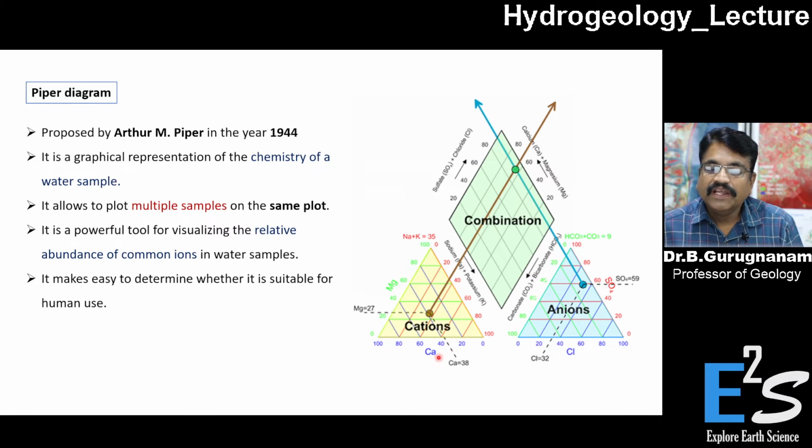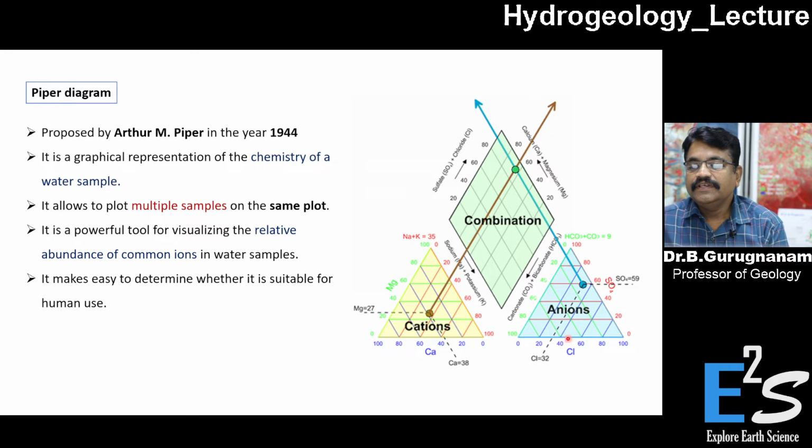The calcium axis is 0 at the right and 100 at the left. Sodium plus potassium is 0 here and 100 here. Similarly, magnesium is 0 here, and slowly it increases to 100 at the top.